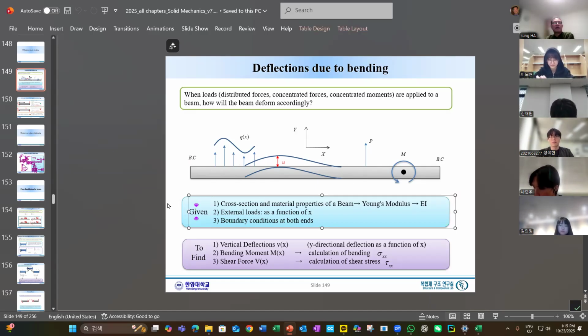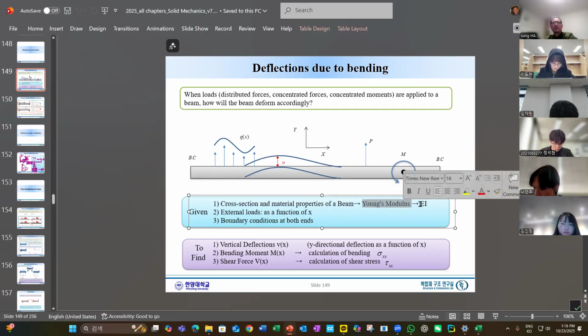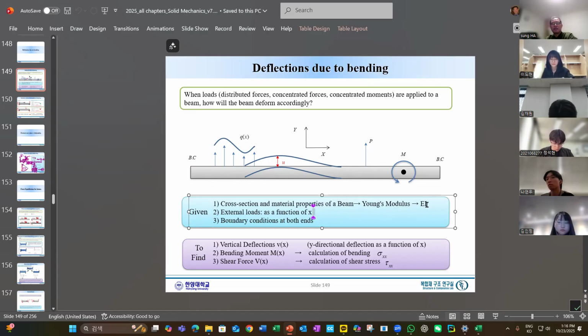The given are the cross section and material property of the beam. The material is simply Young's modulus E, and the cross section is given as I. So EI is the bending rigidity, which we derived last week in the first part of beam theory. As shown in this figure, the external load is a function of x.